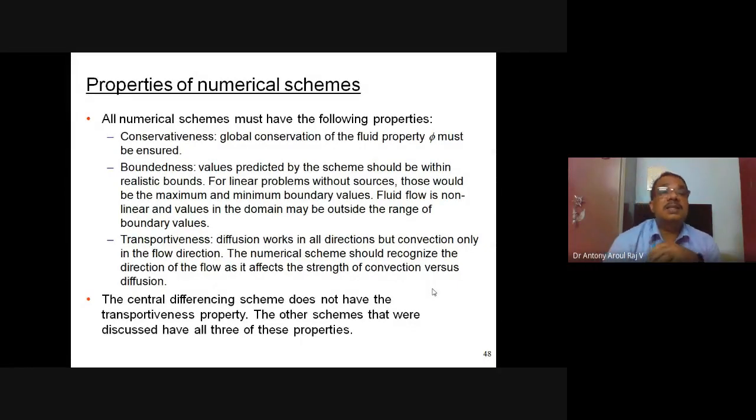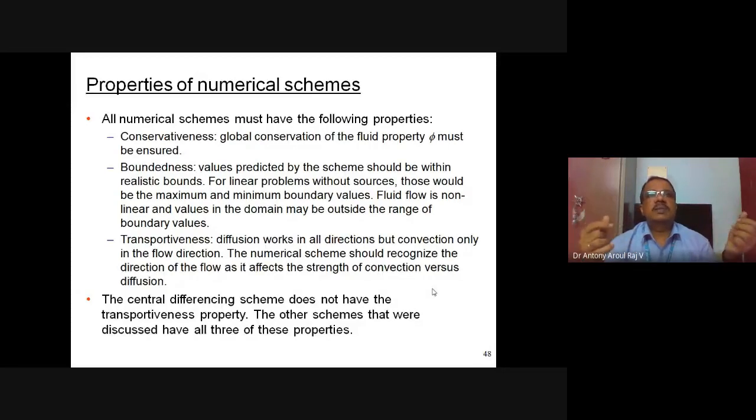And next is transportiveness. Yes, transportiveness is also important. You know that in our domain there will be flow, and whenever flow is there, velocity will be there. The central difference scheme you can use for a diffusion problem without any trouble, because the diffusion problem by physics will transport the property equally in all directions. Similarly, the central difference scheme also will transport the variable equally in all directions.